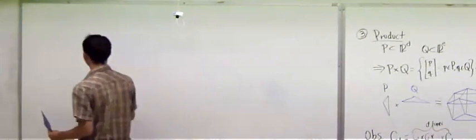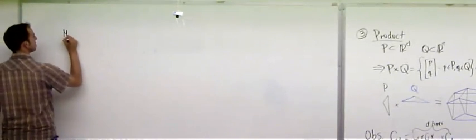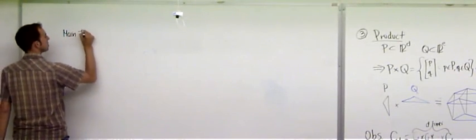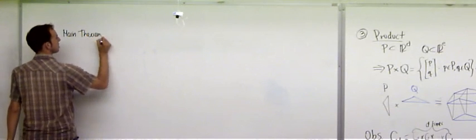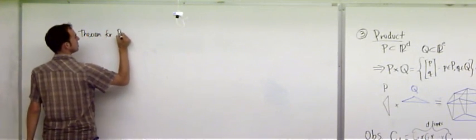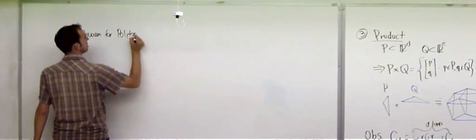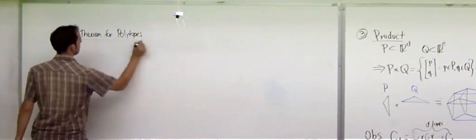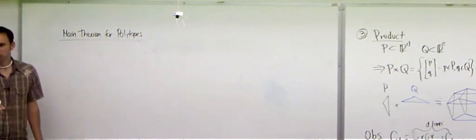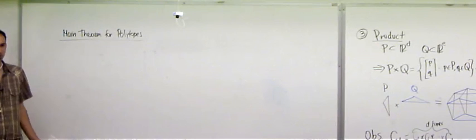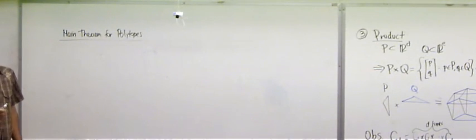So then let me state the main theorem for polytopes. And when I say main, I don't mean the main theorem of today's class. I basically mean the main theorem of this course. Okay?